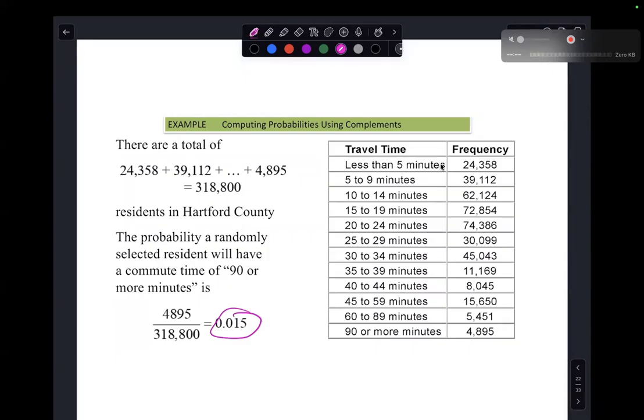I don't want to add all those things up, so I would just do 1 minus 0.015, because that's the probability of over 90 minutes. Whoops, I was using the old number. 1 minus 0.015 is 0.985. It's about a 98.5% chance that people would have a commute of less than 90 minutes.